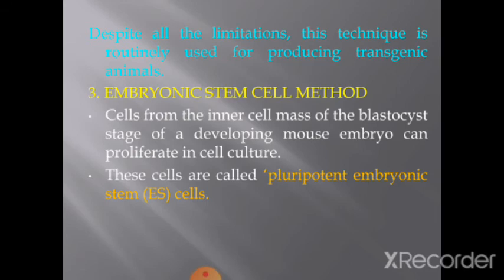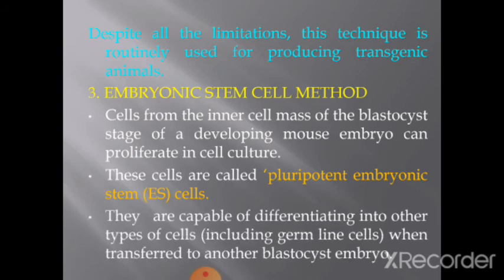These cells are called pluripotent embryonic stem cells, ES cells. Pluripotent means they are capable of differentiating into any other types of cells, including germlines, when transferred to another blastocyst embryo.